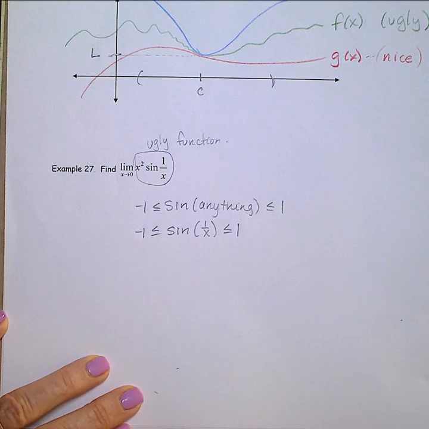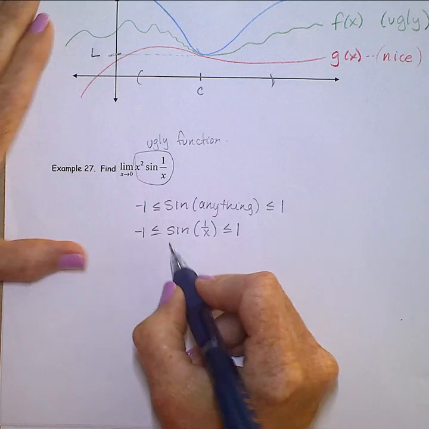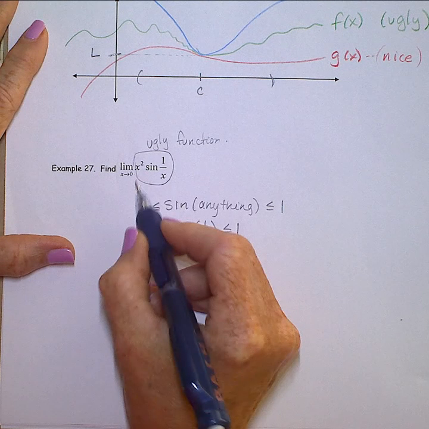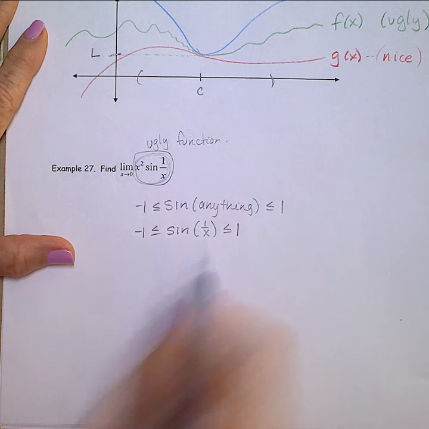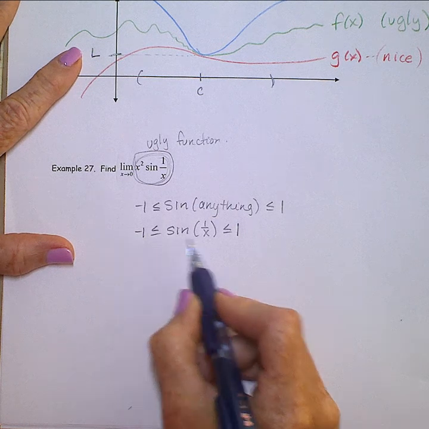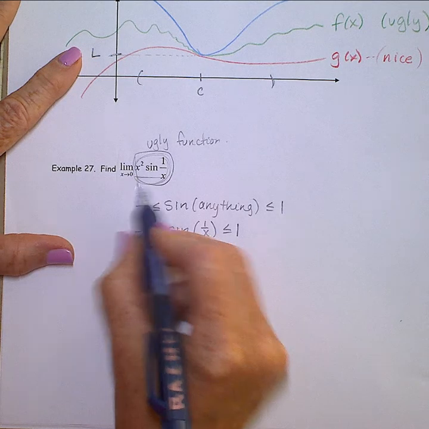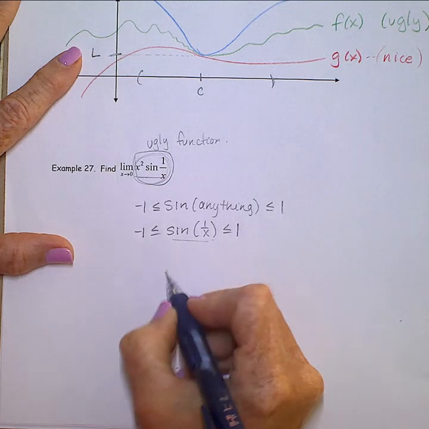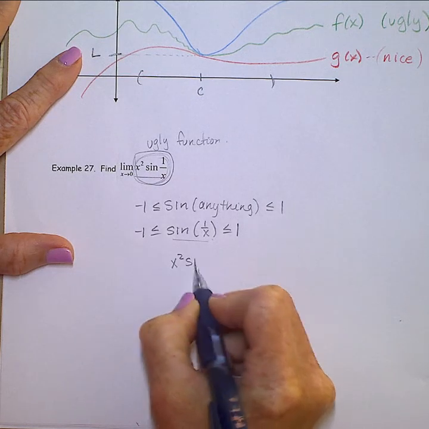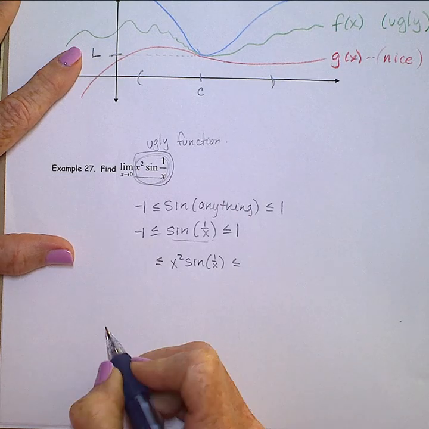Now I'm going to go through some legal mathematical steps to generate this function, and I want to get that thing sitting in the middle. I have sine of 1 over x. To make this look like that, I just have to multiply by x squared. If you multiply the middle by x squared, then you have to multiply the outsides by x squared.